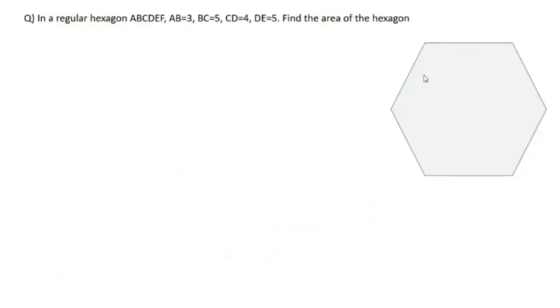Okay, coming to hexagon. In a regular hexagon ABCDEF, AB is 3, BC is 5, CD is 4, DE is 5. This question would be pretty useful because it illustrates a very common principle that we use in hexagon questions.